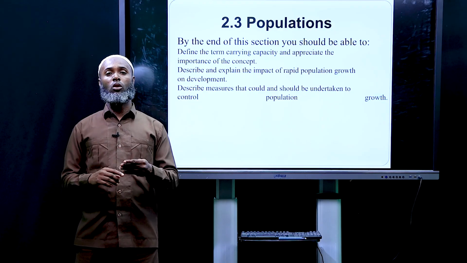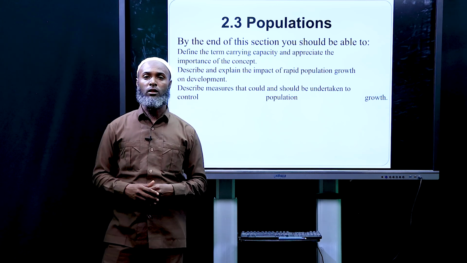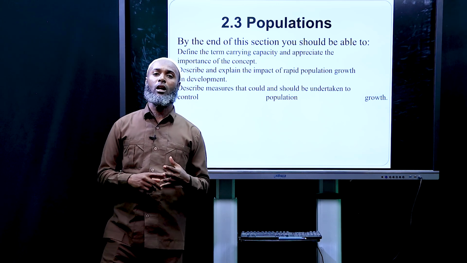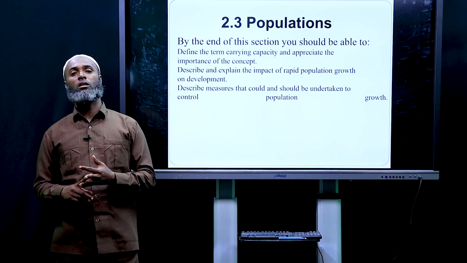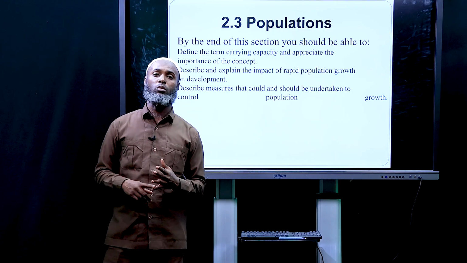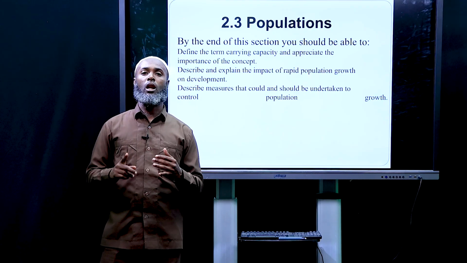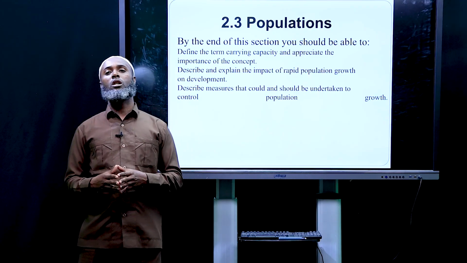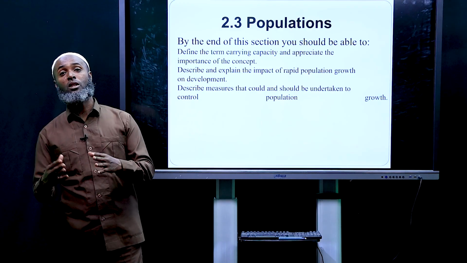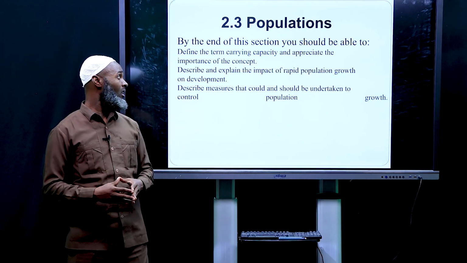We have also seen biotic factors, living organisms of the same or different species, and abiotic factors, non-living factors like temperature, light, carbon dioxide concentration, oxygen concentration, and physical space. This is what we have seen in the previous lesson.